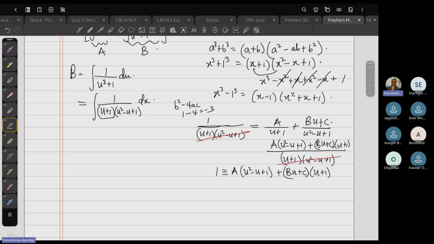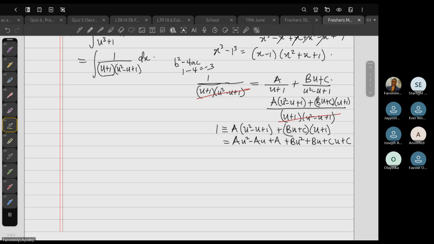If we expand that, we get Au squared minus Au plus A plus Bu squared plus Bu plus Cu plus C. Are we still together? Yes, sir. Beautiful.